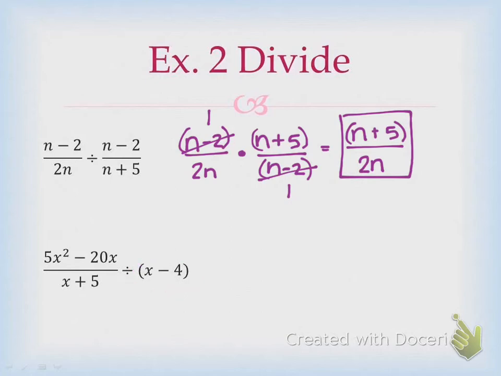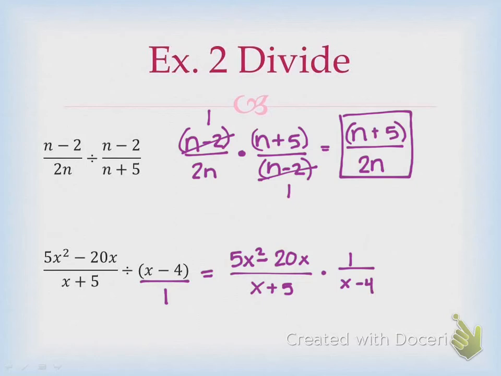Make it 1. That way I can clearly see, okay, when I flip it, it's going to be 1 over x minus 4. So let's rewrite this problem. We have 5x squared minus 20x over x plus 5 times, my new fraction is going to be 1 over x minus 4.